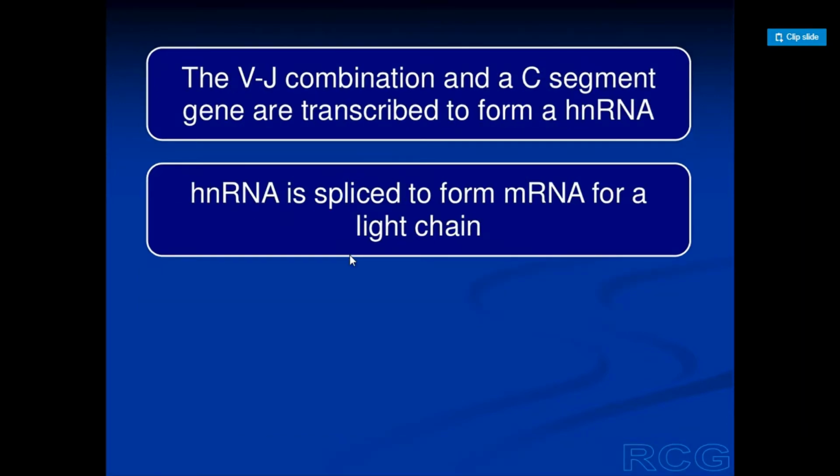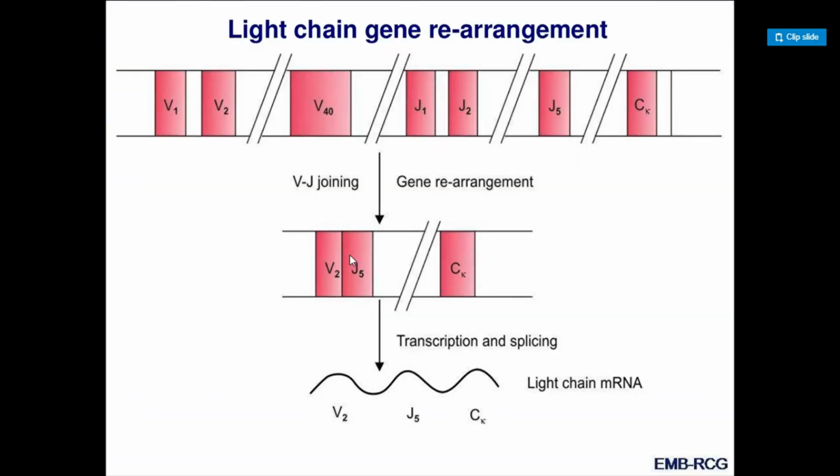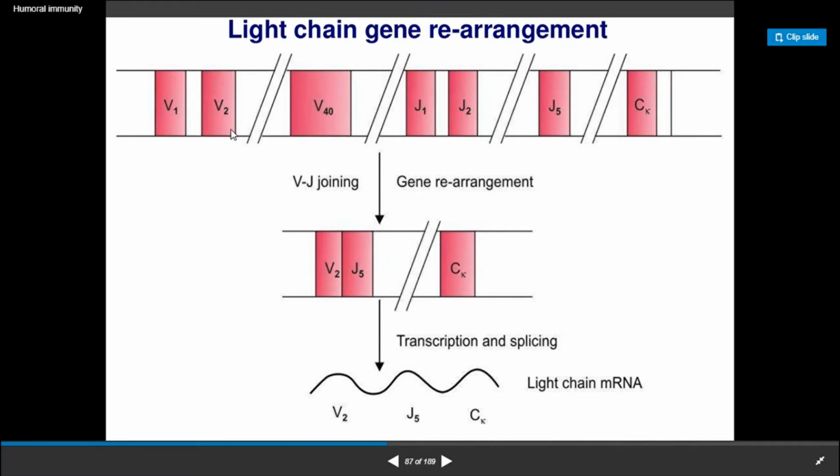This VJ joining and the C segment gene are transcribed to form the hnRNA. This hnRNA is spliced to form a messenger RNA for a light chain. Here we can see the V and J regions. When V and J join, the gene rearrangement takes place, and this can happen with any of them. Here we can see V2 joining with J5, and V goes up to V40.